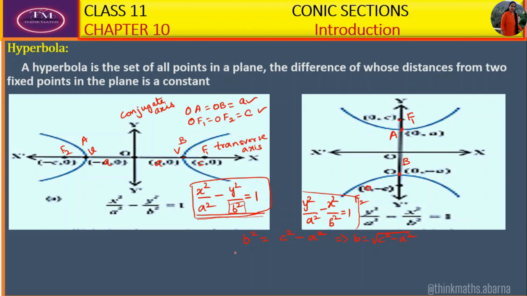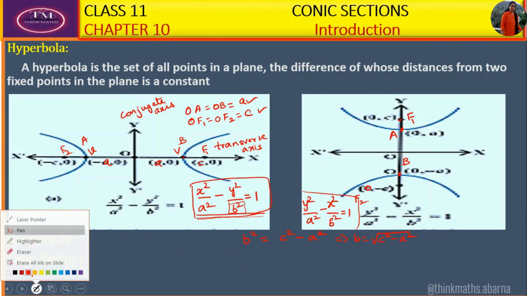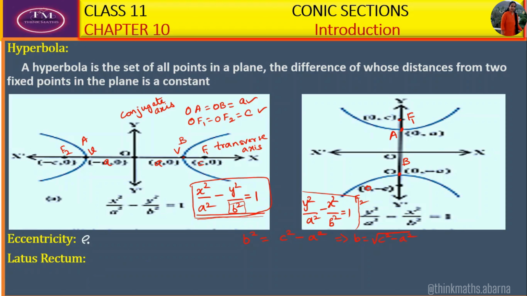Now in the same way, we should know the eccentricity and latus rectum. Here eccentricity, denoted by e, is nothing but c by a. And here the latus rectum is the same as for the ellipse, which is 2b square by a.